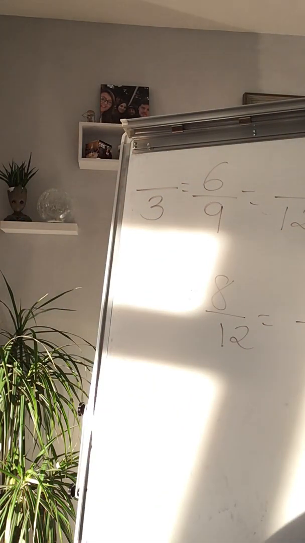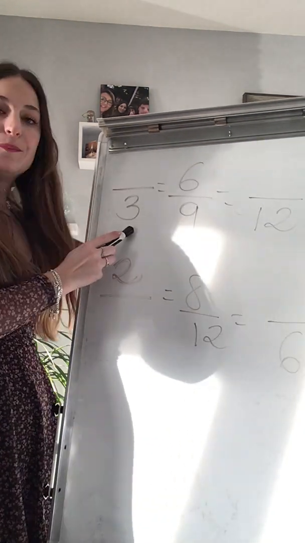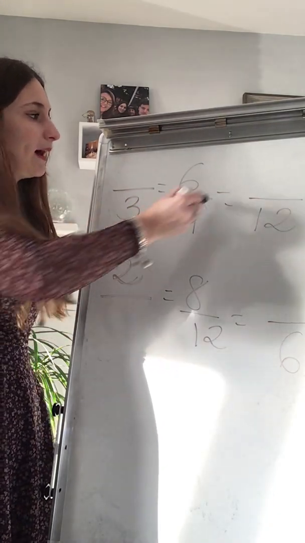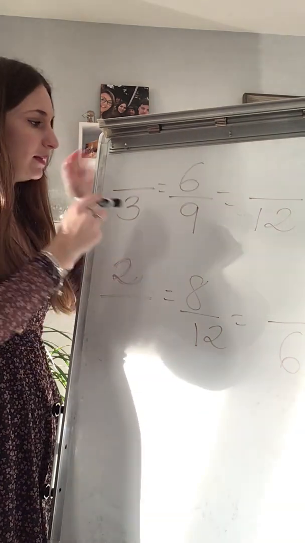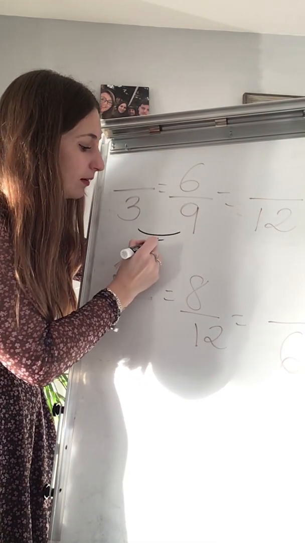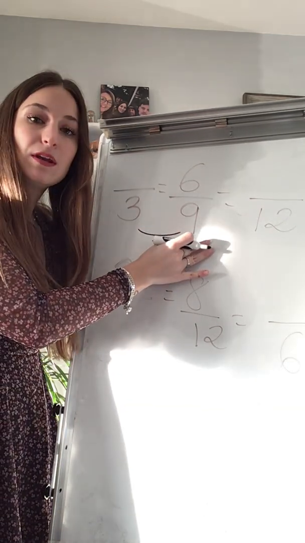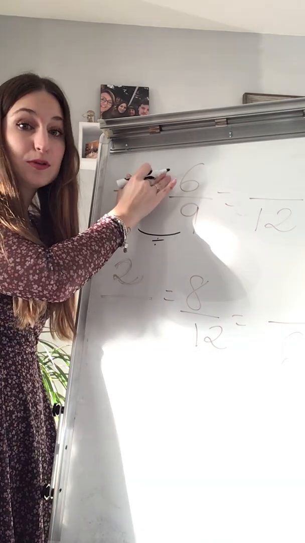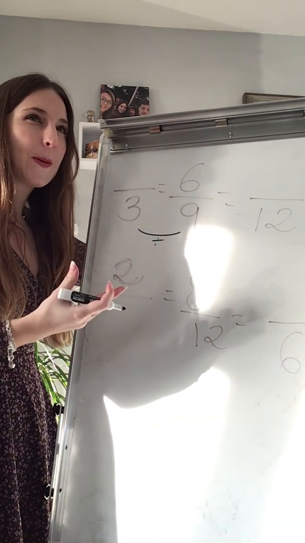Okay. So, let me grab my pen. I have something out of 3. And I can see here one of my fractions gives me both my numerator and my denominator. This one is smaller, so instead of multiplying, I need to divide, to find what my denominator has been divided by, to do the same to my numerator. 9 divided by something is 3.